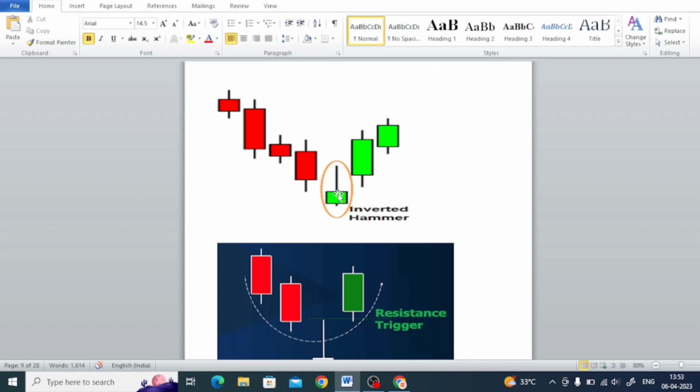But the market still has quite some work to do to signal a bullish shift, needing to close above the inverted hammer candlestick high in the next one or two candlesticks to signal a bullish shift in trend.